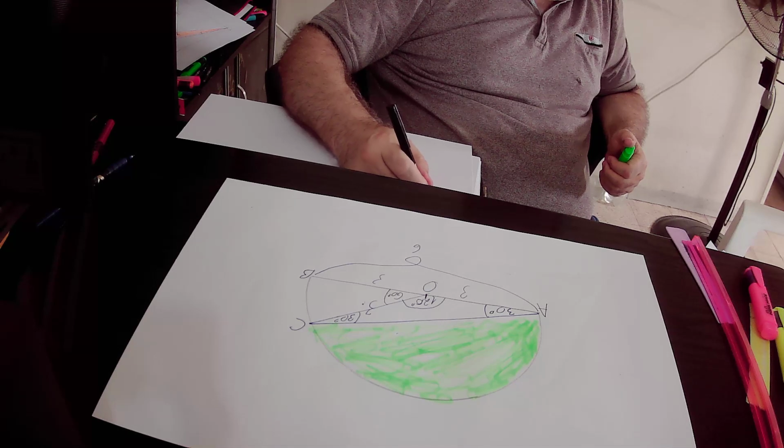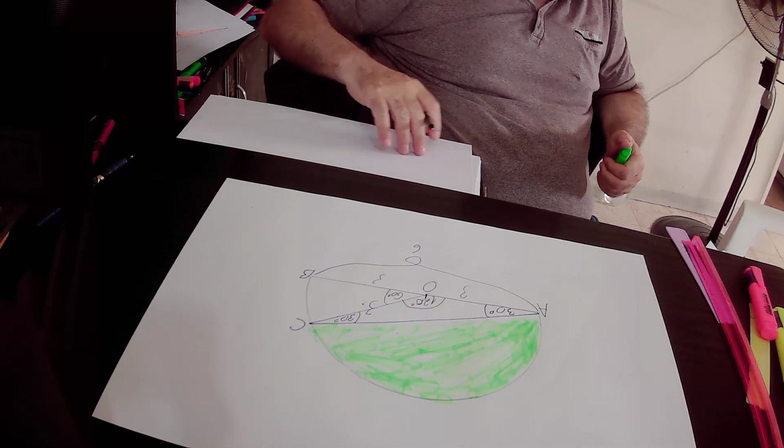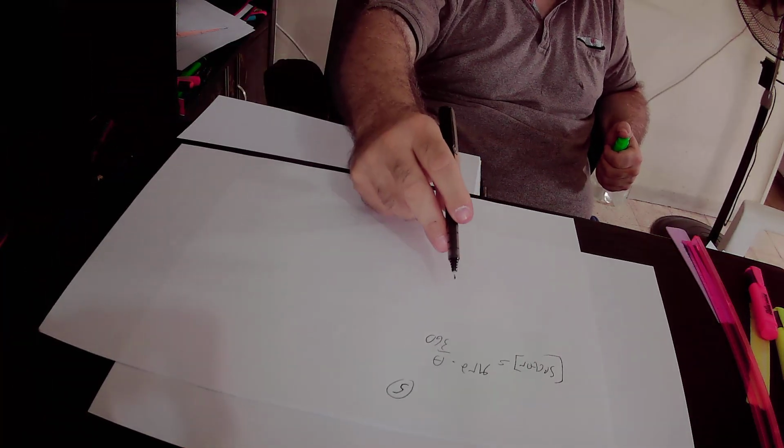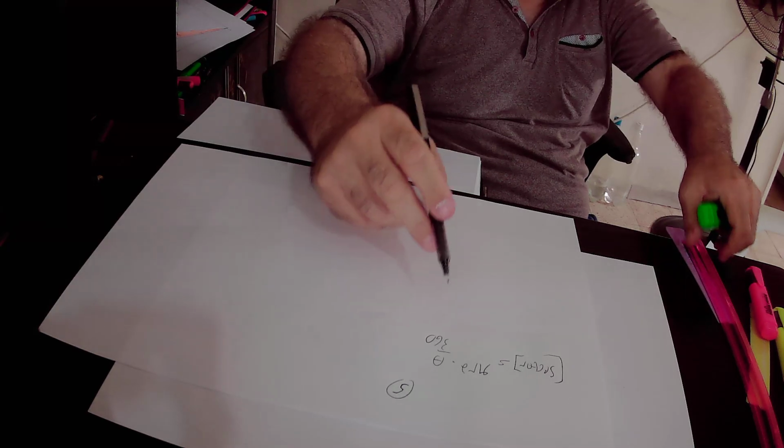Okay, the area of any sector equals pi r squared times theta over 360 degrees.